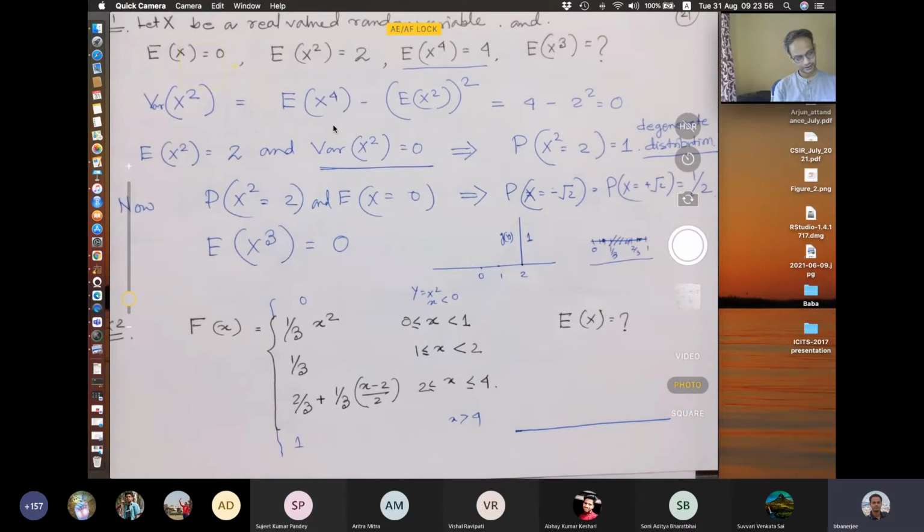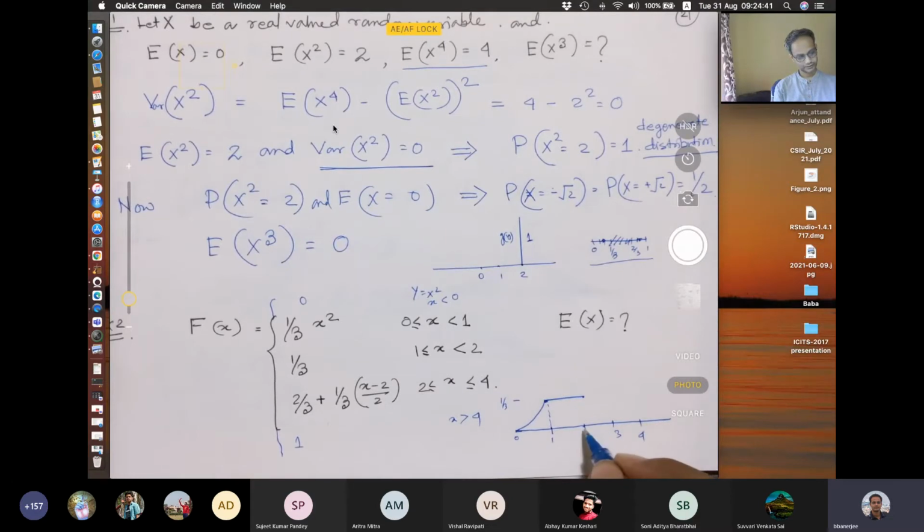So consider 0 to 1, 1 to 2, 2 to 3, 3 to 4. From 0 to 1, F(x) is looking like 1/3 x squared, so it may look like this. Then from 1 to 2, it will stay at 1/3.